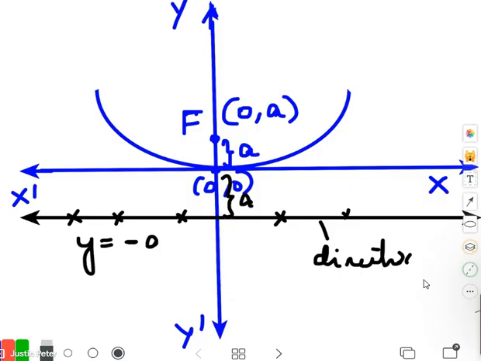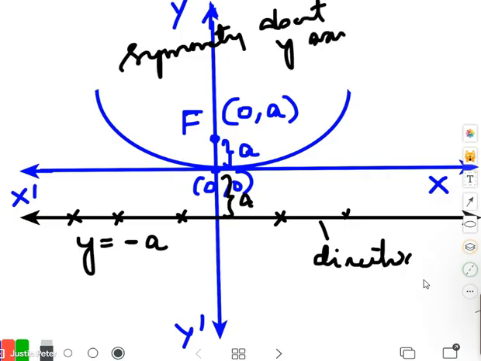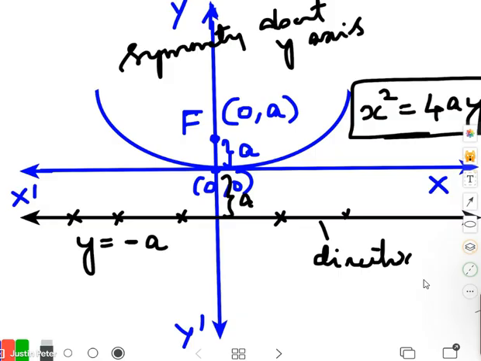Now the question is, what will be the equation of this parabola which is above the x-axis? Since this is symmetrical about the y-axis, the equation of the parabola is going to be x square is equal to 4ay. This will be our equation of the parabola.